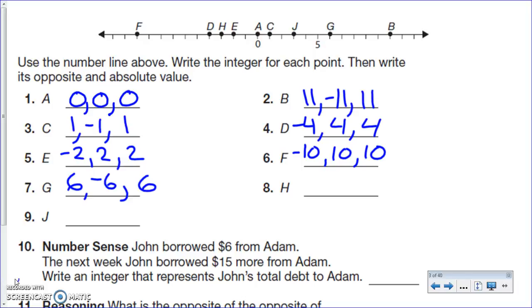So we're going to write negative 3, comma, its opposite is 3, comma, and the absolute value for both numbers is 3. For 9, we have J, and J is sitting on positive 3. So we're going to have 3, comma, its opposite, which is negative 3, comma, and then the absolute value of both numbers, which is 3.